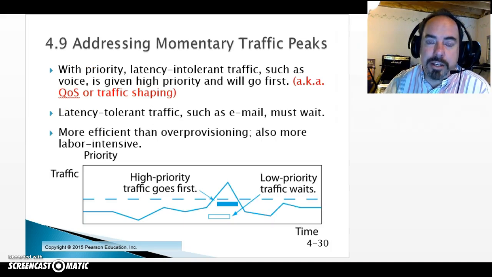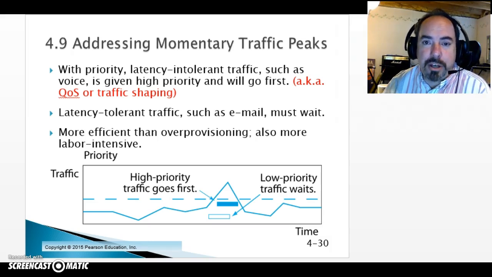A better way is through quality of service settings on your network equipment. Sometimes this is called QoS, sometimes it's called traffic shaping. But the idea is to assign priorities to different types of traffic. So, for example, you'd want voice over IP traffic to have a very high priority, so there's no latency there.